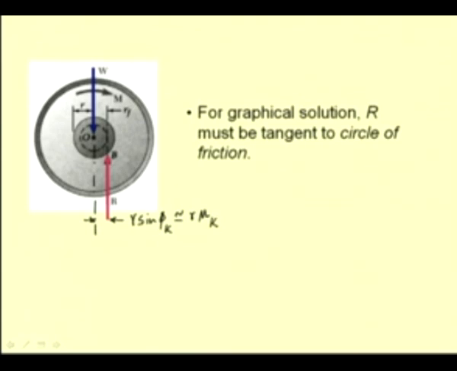So, I can draw the free body diagram with this reaction R such that it passes tangentially to the circle of friction, whose radius is Rf, which is given as R mu k.